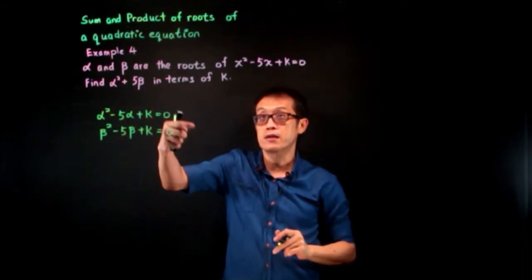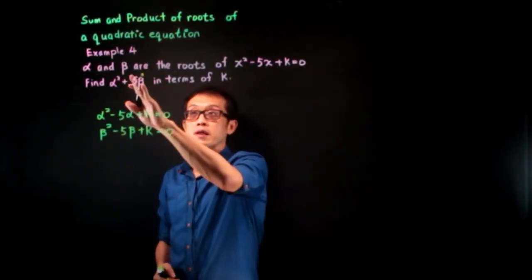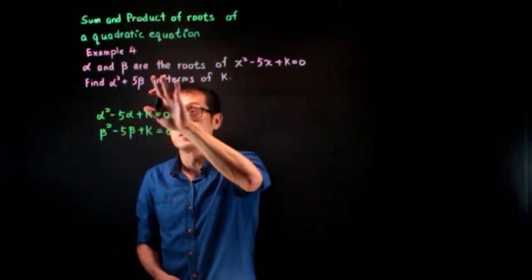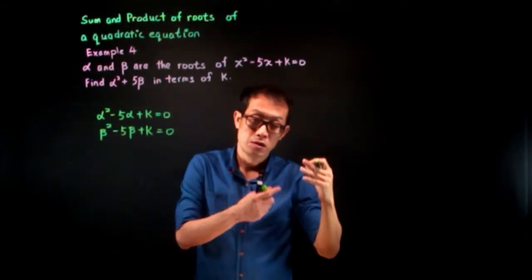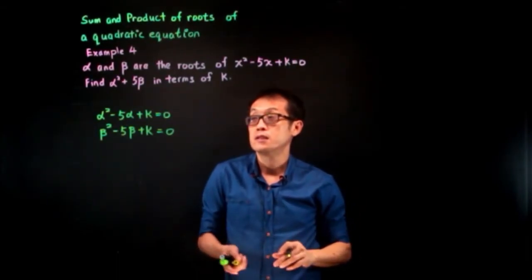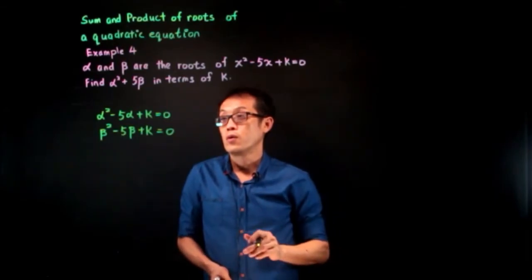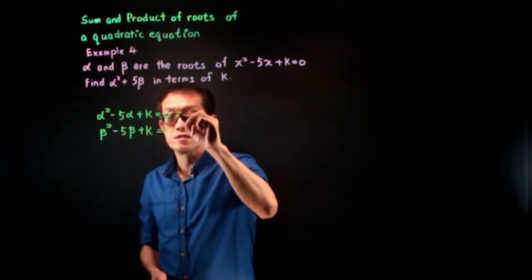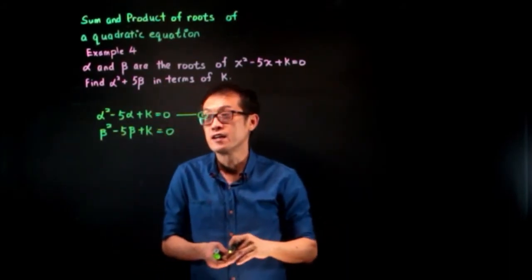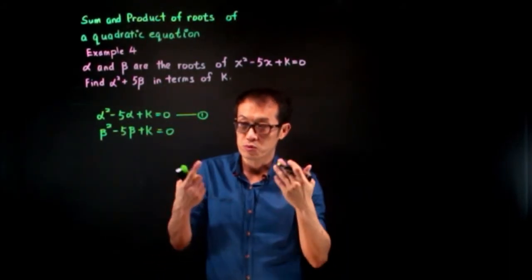Now because they are the roots, they will definitely satisfy this equation, because this is a point on the curve, on the function. Now you look at the first equation. Actually equation 2 is kind of redundant, but I just write it to show you for illustrative purposes only.